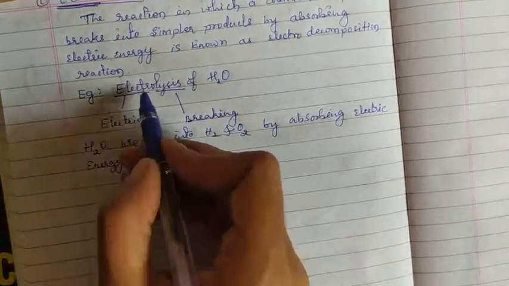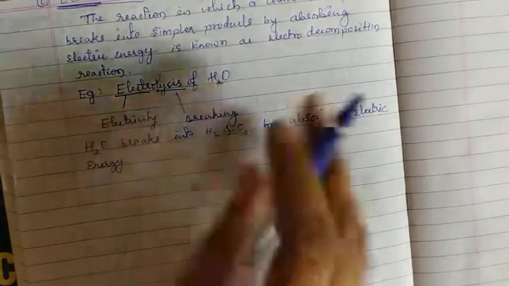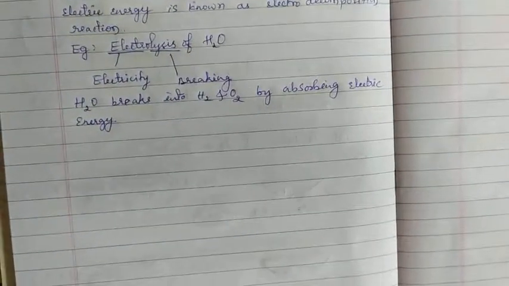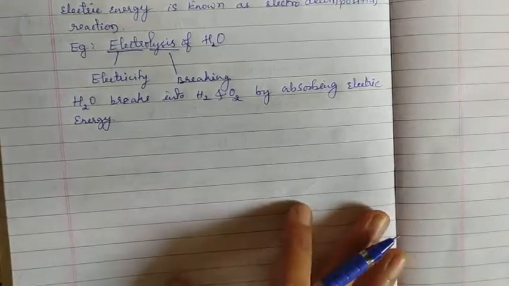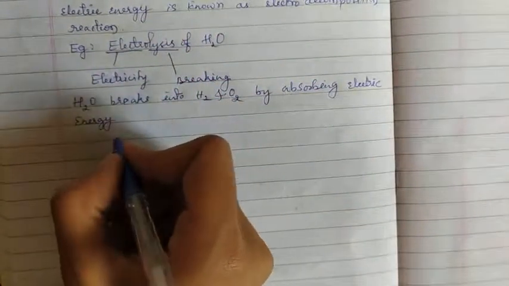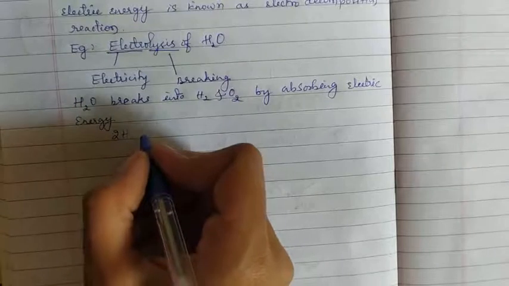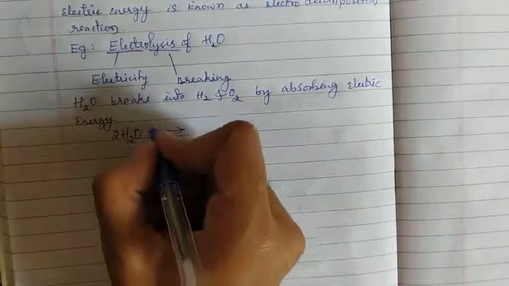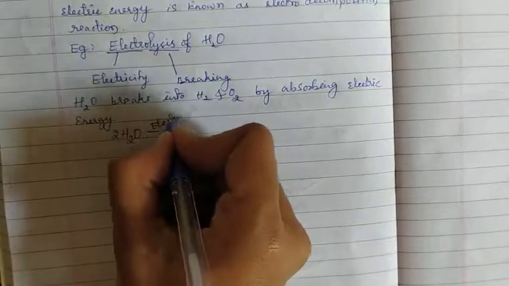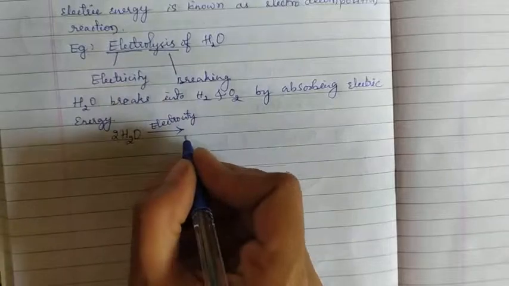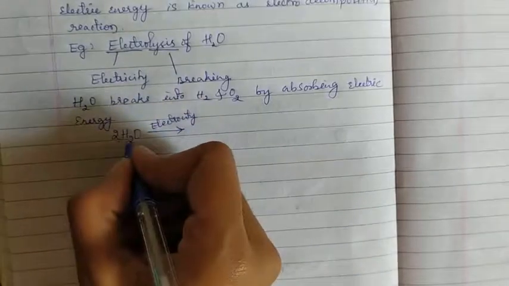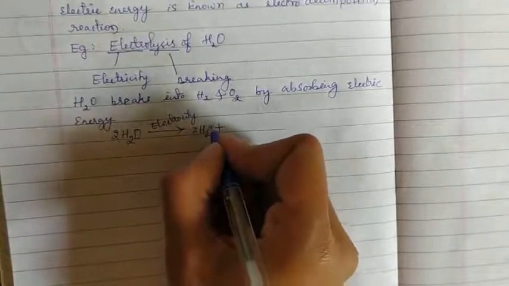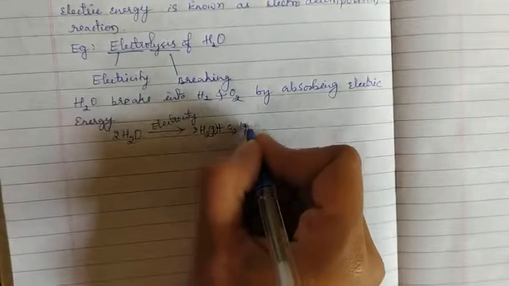So electrolysis of water is an example of an electrodecomposition reaction. Before performing the activity, let me write the chemical equation for the electrolysis of water. This is water; on providing electric energy, this water decomposes into hydrogen gas and oxygen gas.